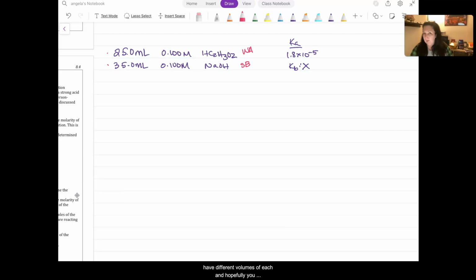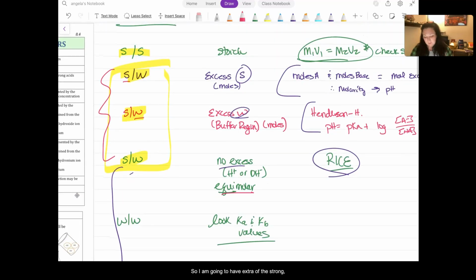And hopefully you automatically know who you're going to have extra of, because you have 35 mL of 0.1 molar NaOH instead of the 25 mL of the 0.1 molar acetic acid. So you should notice that you're going to have extra of the NaOH, or extra of the OH minus floating around. So extra of the strong. So I am going to have extra of the strong, which is this first one here.